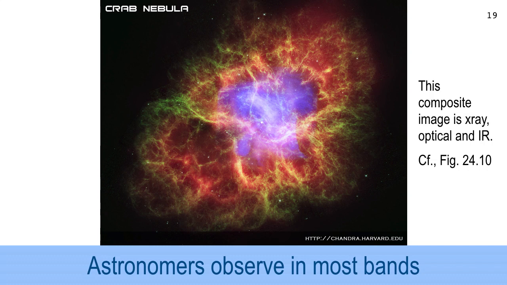This is the famous Crab Nebula, which is a supernova detonation remnant from about 1,000 years ago. It was first observed by the Chinese and some Europeans saw this supernova about 1,000 years ago, and this is what it looks like now. It was a big detonation, a big bright star in the sky, so they call it nova.